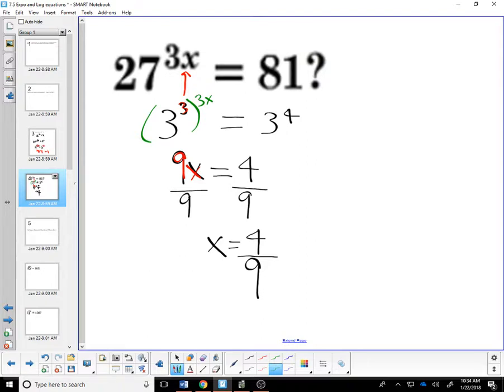So then once you get that 9x equals 4, yeah, she skipped that step, which is okay.